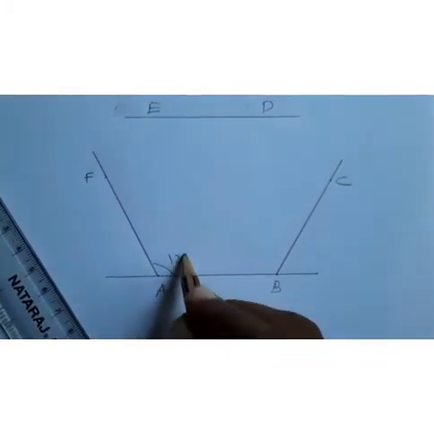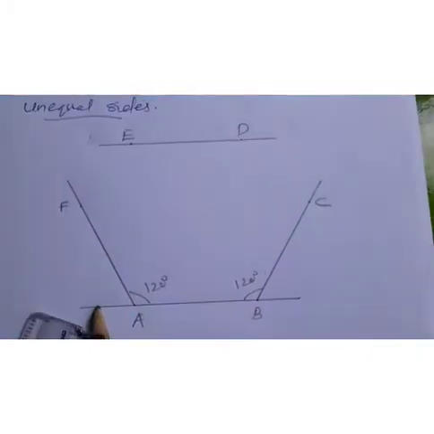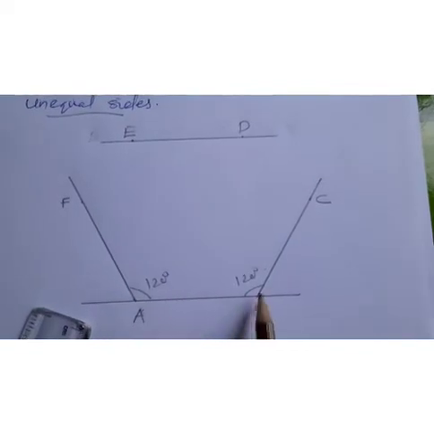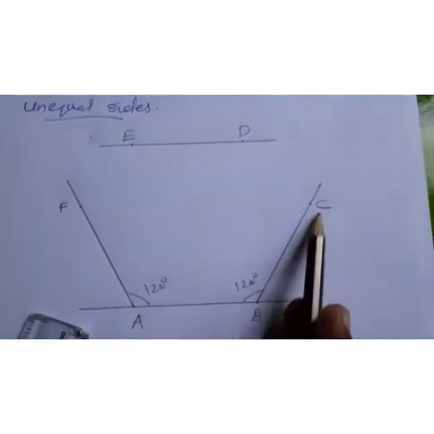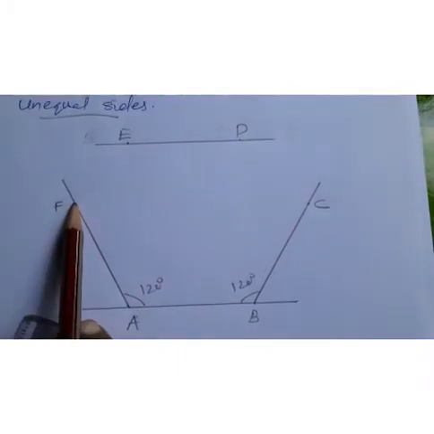So this angle is 120 degrees, here also 120 degrees. Draw two parallel lines AB and ED. Then from A and B take 120 degrees and draw the lines BC and AF.